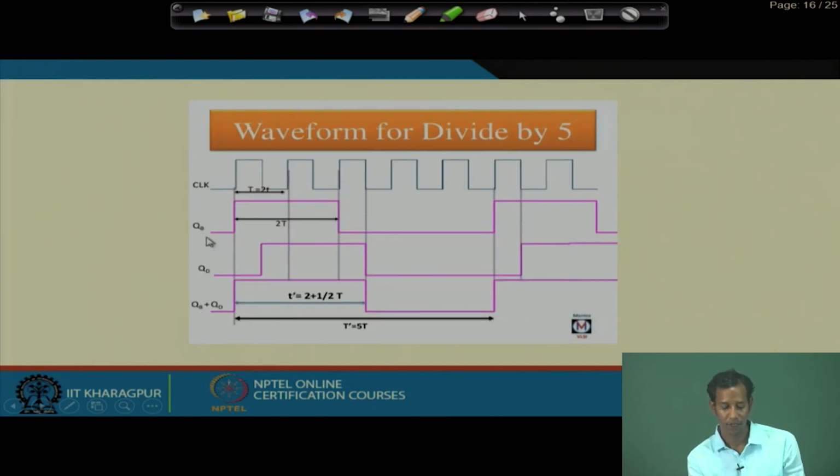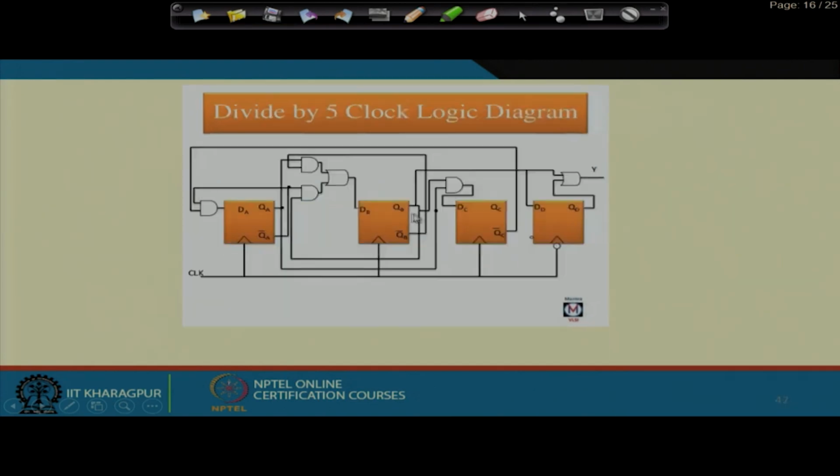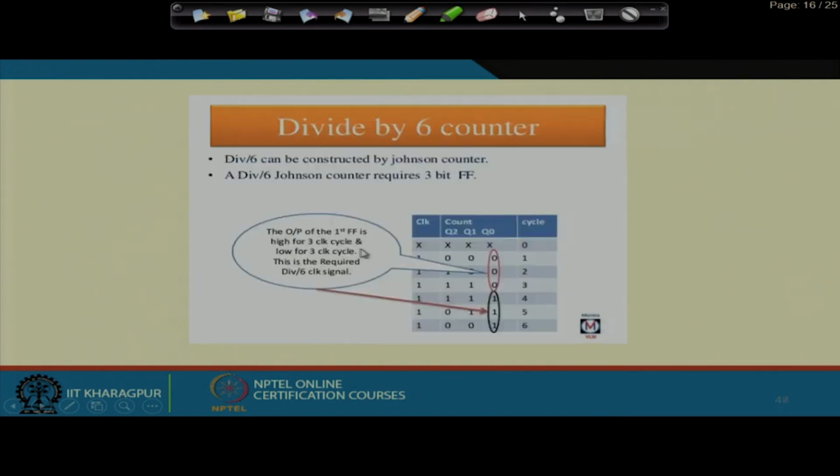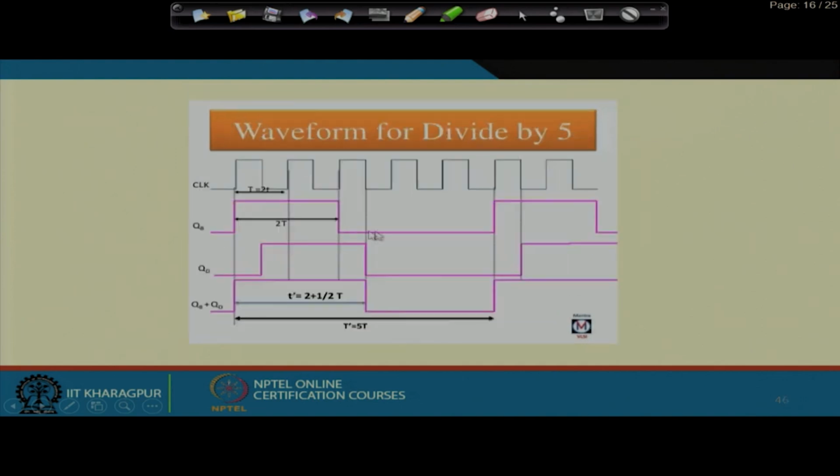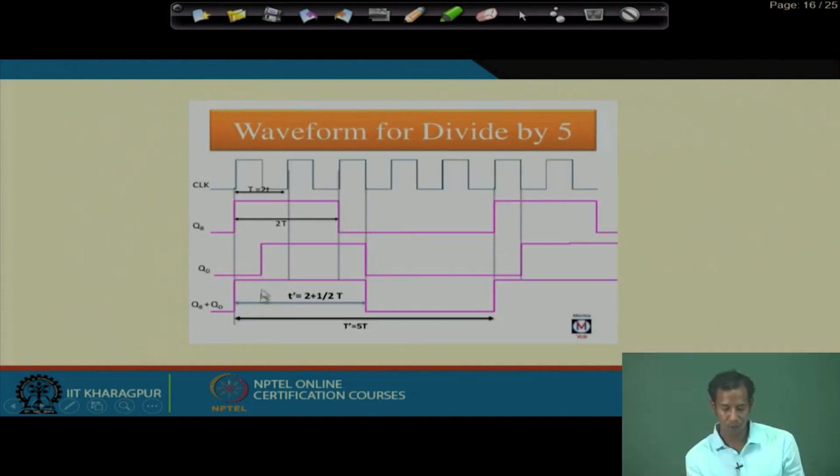So, what is that? That means, here it will be QB and QD, QB and QD. Then depending on this QB and QD, whenever we OR them, at that time I will get the corresponding function something like this. So, that means, here at this particular edge 1 and 0, so 1.